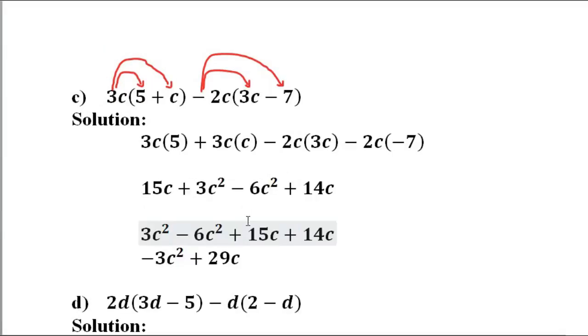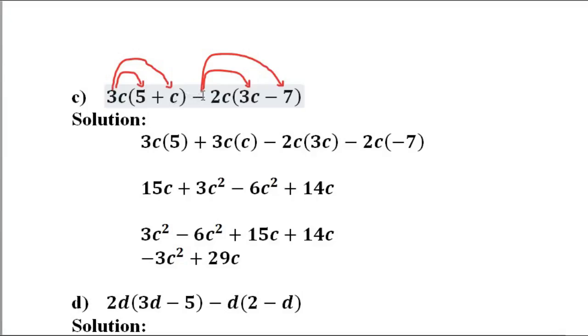Moving on to number 3, we have positive 3c and then in parentheses positive 5, positive c, negative 2c and then in parentheses positive 3c, negative 7. I'm going to simplify this algebraic expression using the distributive property. I'm going to take that positive 3c on the outside of the parentheses and distribute it to the positive 5 and to the positive c.